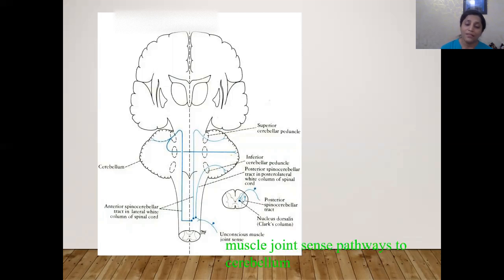So here you can very well see that this type of network is much more intricate, much more complicated. And this can be very clearly explained in the diagram.